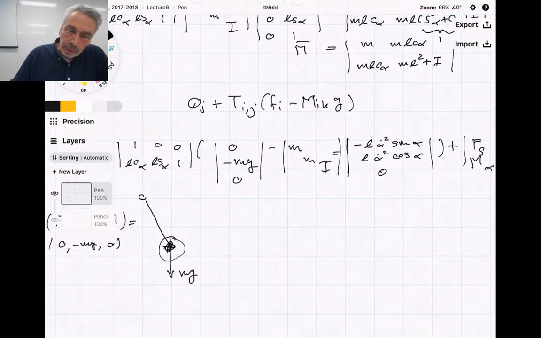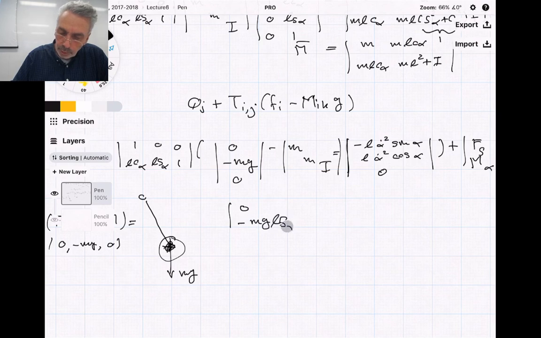Now let's calculate. So this times this is 0. And this times this is minus mgL sine alpha. Sine alpha. Okay. Then we have to do this times this times this.